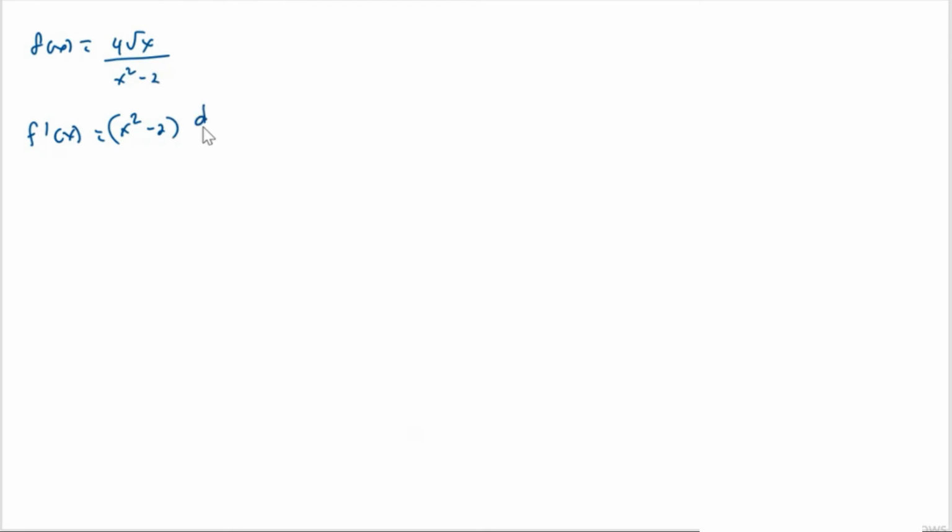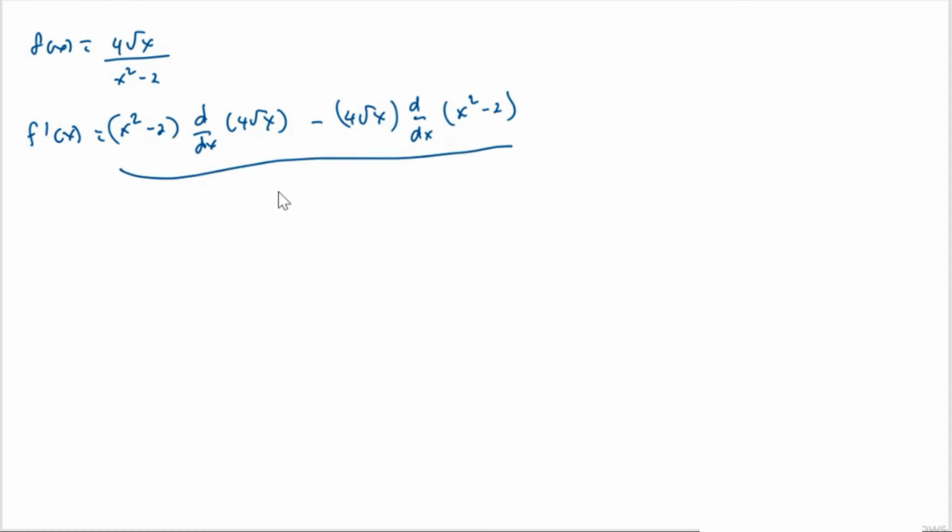So I will just write first d over dx of 4 square root of x, minus the numerator, 4 square root of x, times the derivative of the denominator, x squared minus 2, all over the square of the denominator.